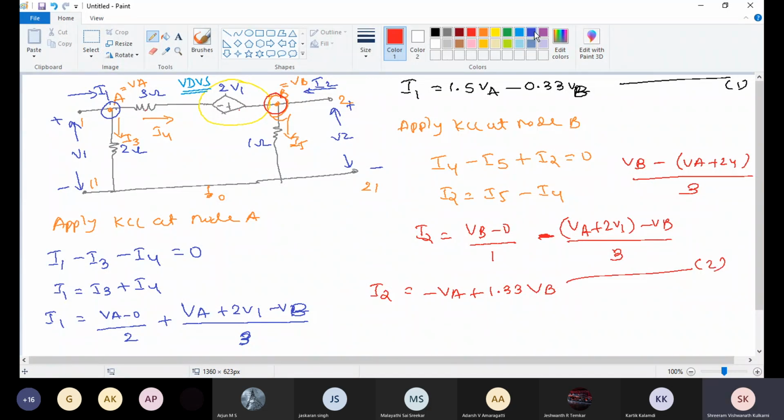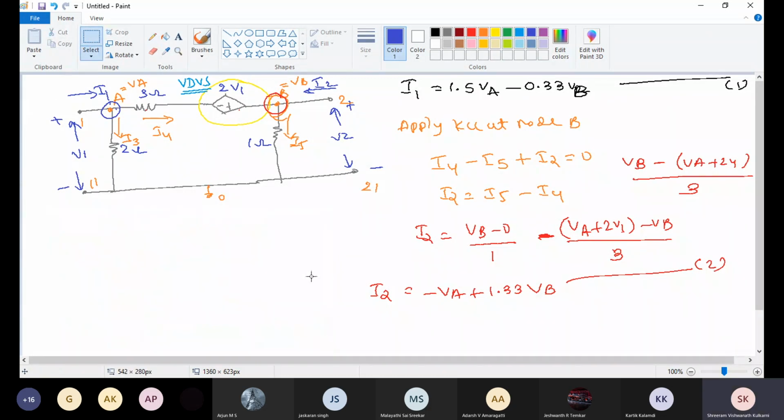Now compare I1 and I2, that is equation 1 and equation 2, with the basic equations. I'll get Y11. Sir, you left out 2V1. 0.66 minus 0.66 V1.